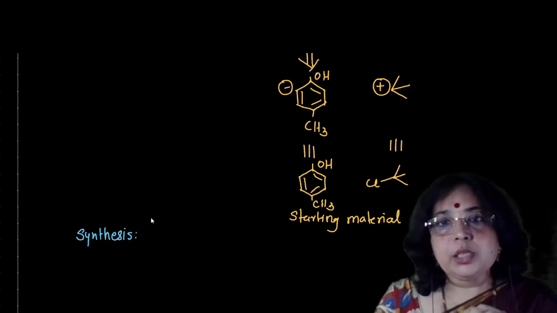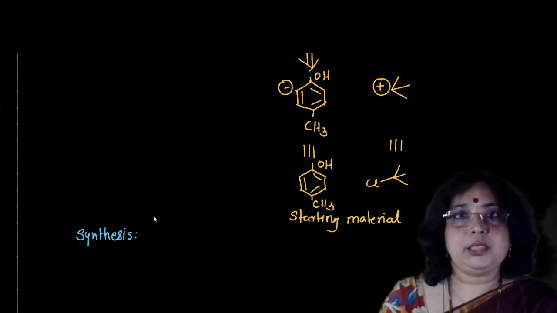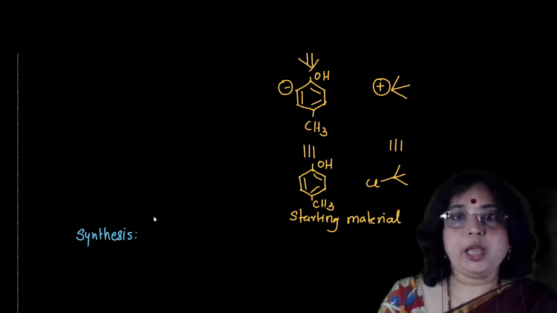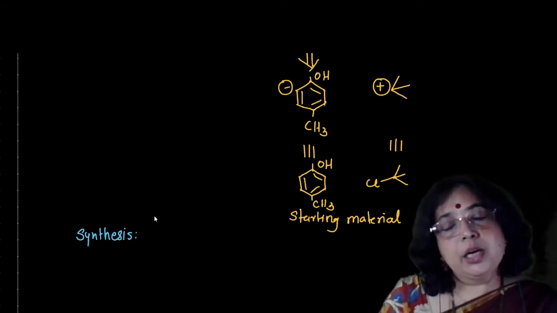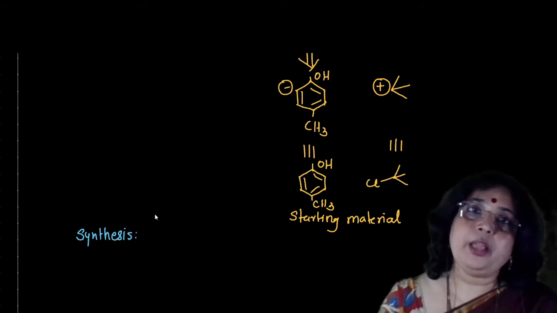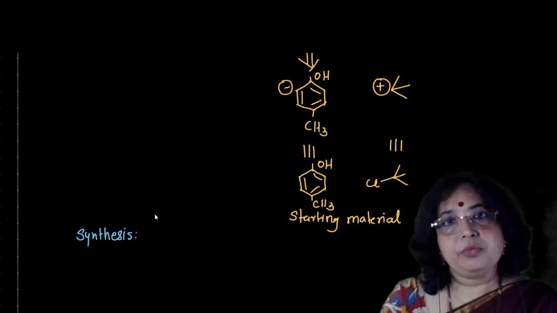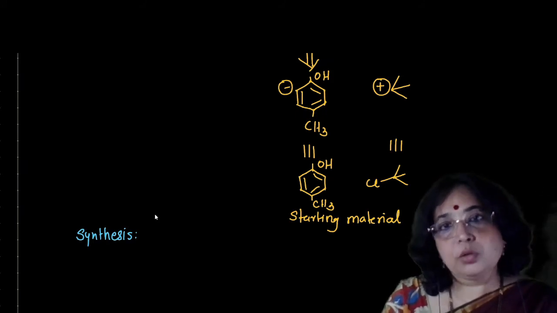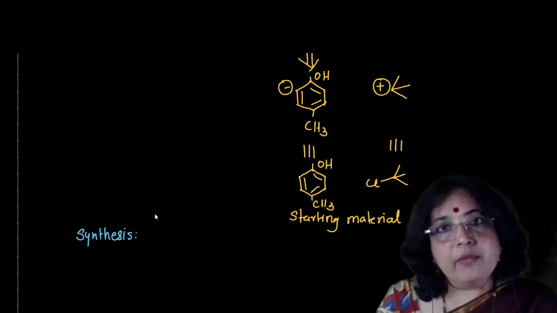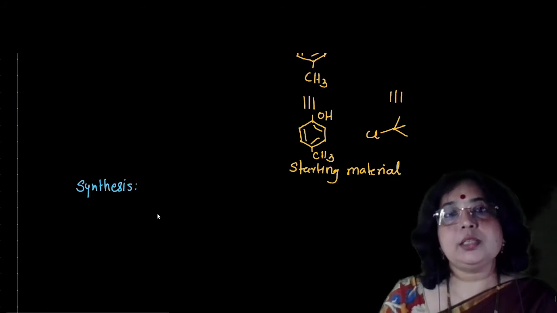So I am using the same starting material obtained by the disconnection approach, so there is no need to apply FGI. Whenever the disconnection approach fails, we apply FGI. But here I am not going to apply FGI because I have obtained a good starting material that is commercially available, readily available, cheap, etc. Now let us start the synthesis.